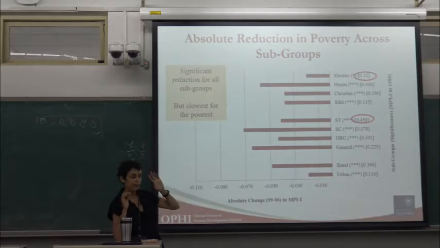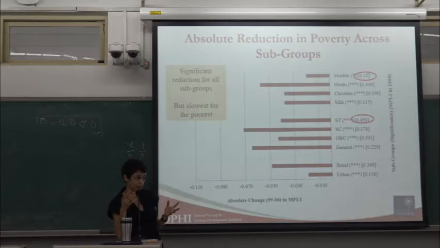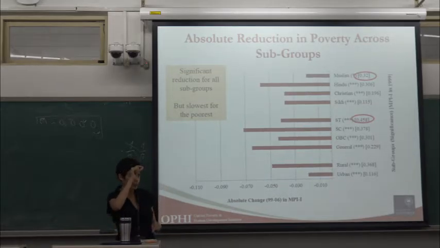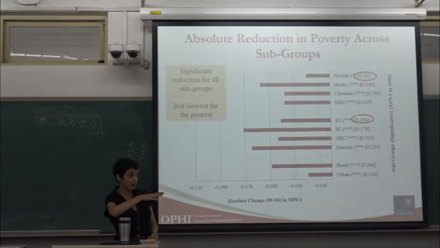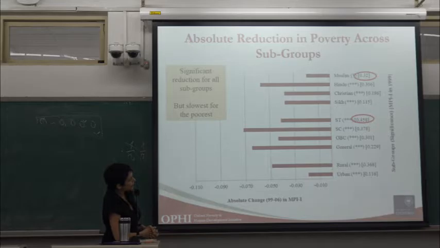It's always a problem, but if the Muslims were just 5% of the population, it would be a smaller problem than if they were 30% of the population. So it's always good practice, although I didn't follow it, to present the shares. When you do this kind of decomposition, don't forget at some point to present the shares. And the same for regions, which you probably already did. Sorry, I was talking about the castes, but I was talking actually about the regions.